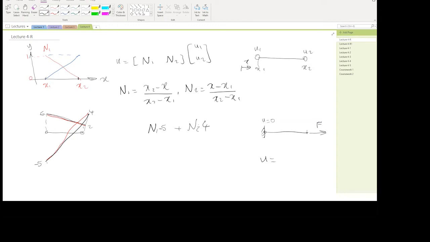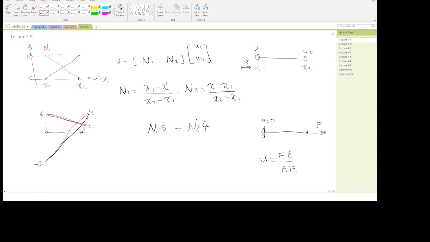At the free end, the displacement is proportional to the force and proportional to the length. So the longer the beam, the larger the displacement. It is inversely proportional to the cross-section, so the thicker the cross-section, the smaller the displacement, and inversely proportional to the elasticity modulus. So the higher the elasticity modulus, the stiffer the material, the smaller the displacement.